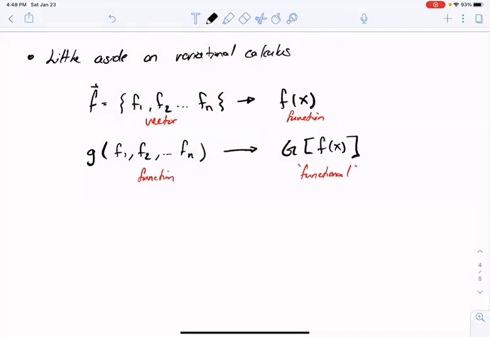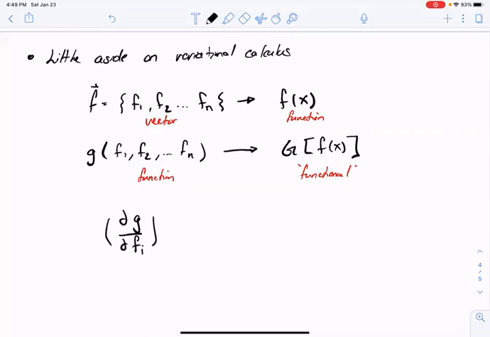Now let's get a little bit more complicated. If I wanted to know how the function g changes as I change one component of the vector, I could take its derivative. Specifically, I can ask how does g change with one component, say the ith component of the vector f?